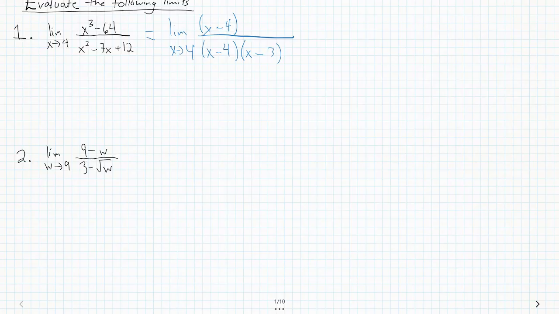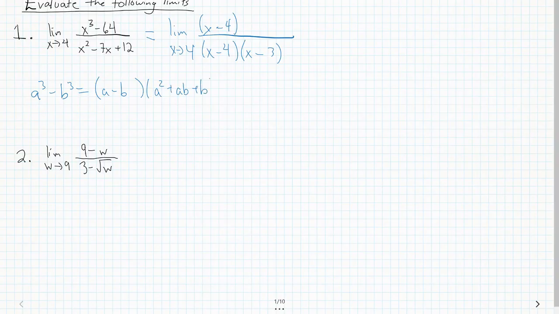The other one that might not be as familiar is we have a difference of cubes, and the way you factor that is a minus b, and then a squared plus ab plus b squared. You might not remember that one, but notice we have x cubed minus 64, which is just 4 cubed, so our a is x and our b is 4.